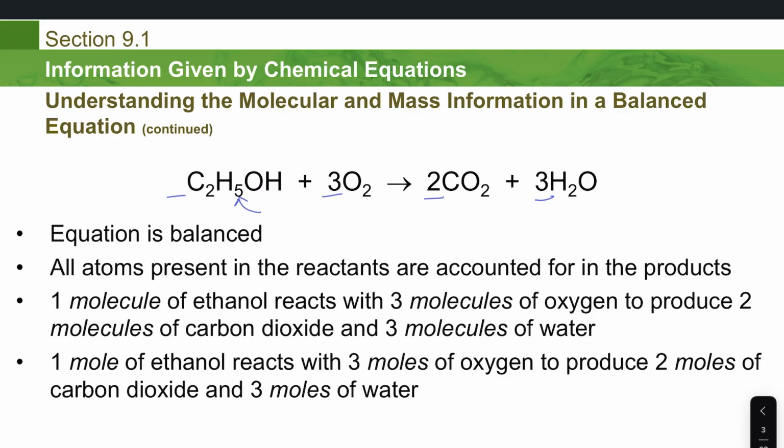We could also say that this is moles, because if we were to convert moles to molecules, it would be doing the same calculation for each different element, and so we can look at this as molecules or moles. Either way is fine.